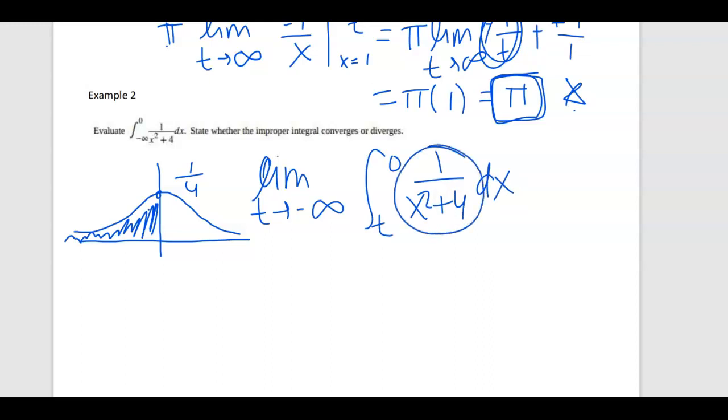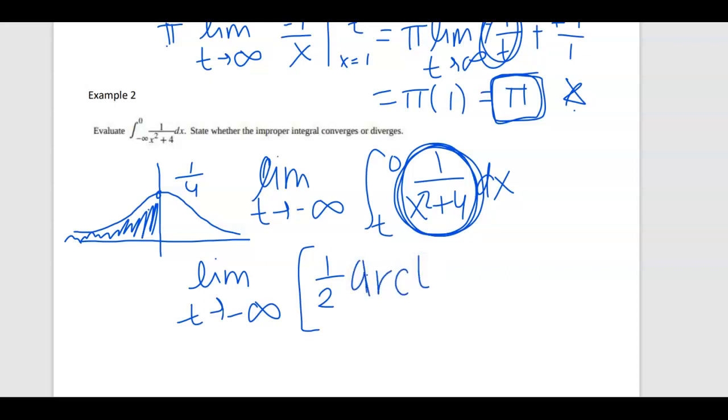This is an antiderivative that we need to know. If you try to do u sub, you can't. If you try to do trigonometric substitution, you could, but you need to recognize that this is the derivative of an arctan function. So the limit as t goes to negative infinity ends up being 1/2, because this is 2 squared, so 1/2 arctan of x over 2, from t to 0.